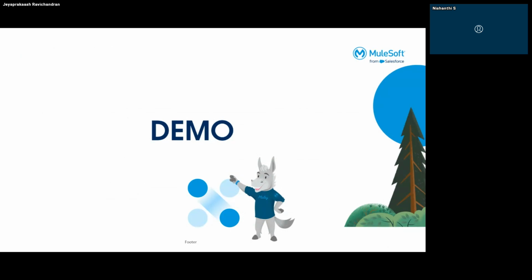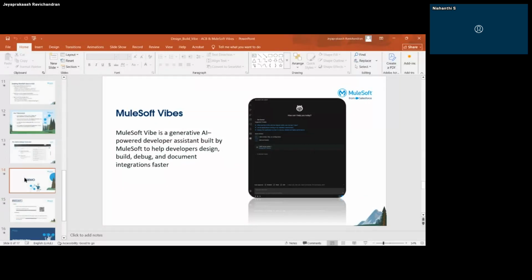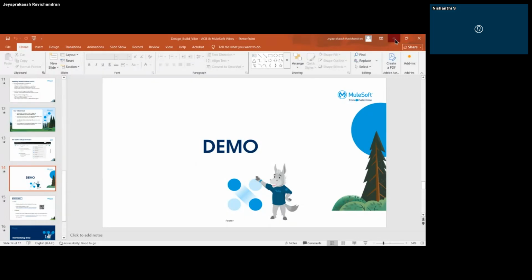Yeah, let me share the screen. Sure, Nishanti. Also, meanwhile, in case anyone wants to do it along with the demo, starting from design till the deployment using ACB and MuleSoft Vibes, maybe you can also try to have the Anypoint platform and Salesforce Agentforce enabled org, either developer edition or the production version.